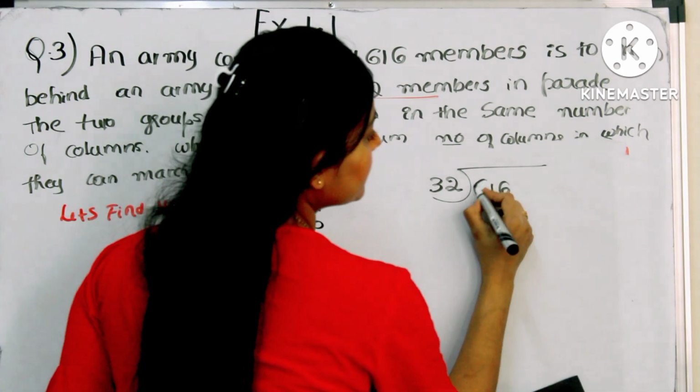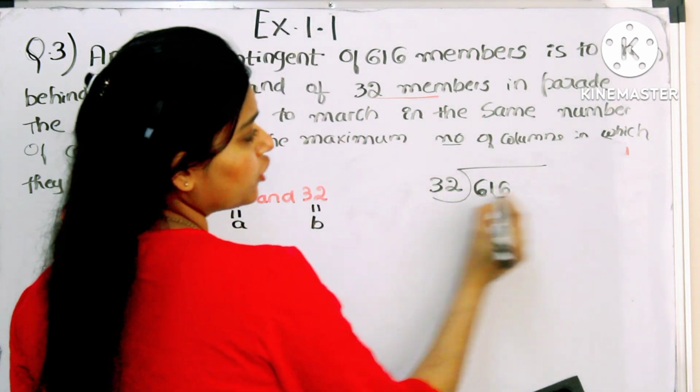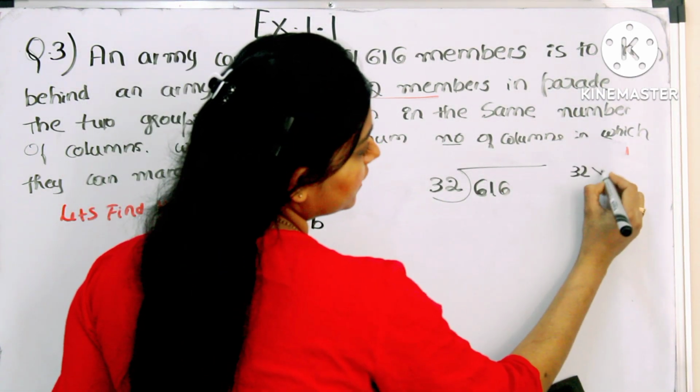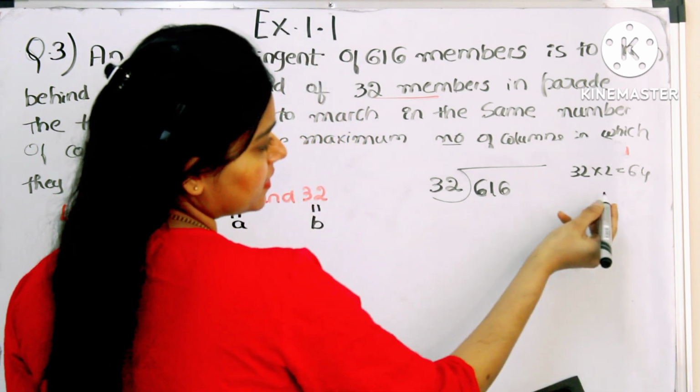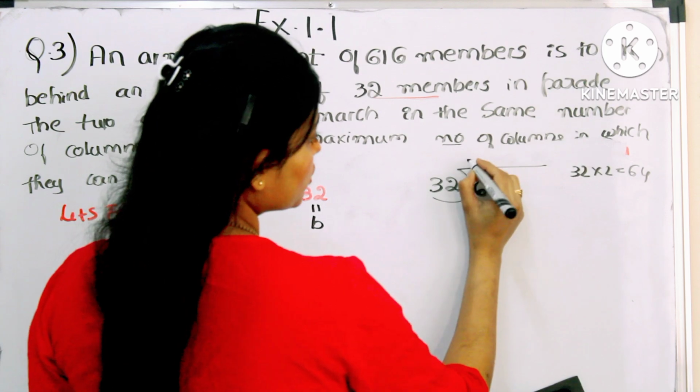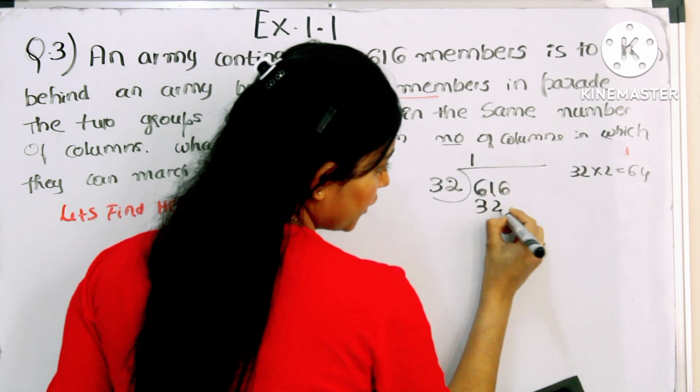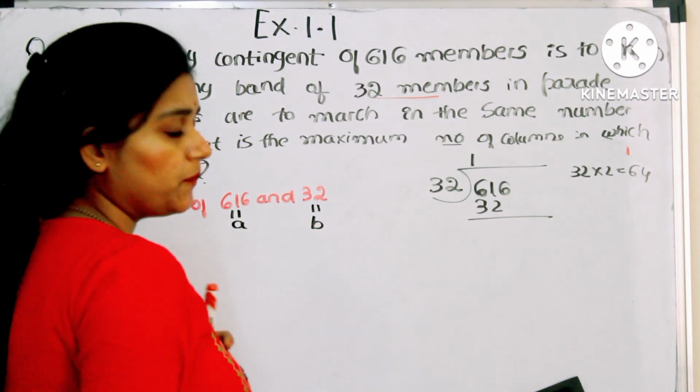You get 61; 32 twos are 64, which is greater than 61, so 2 is not possible. 32 ones are 32, so take 32.